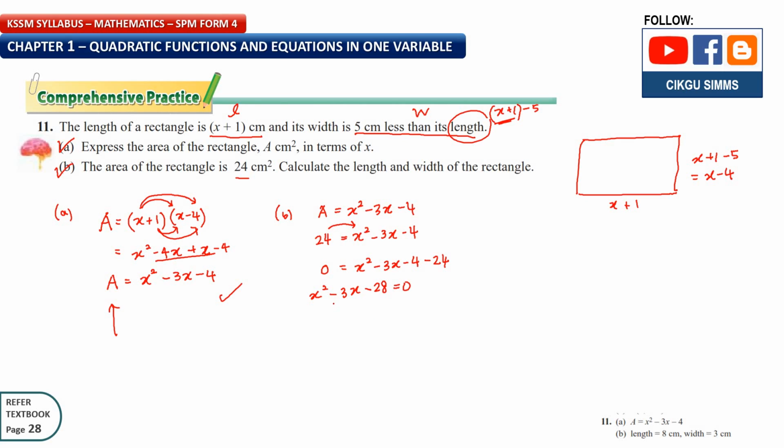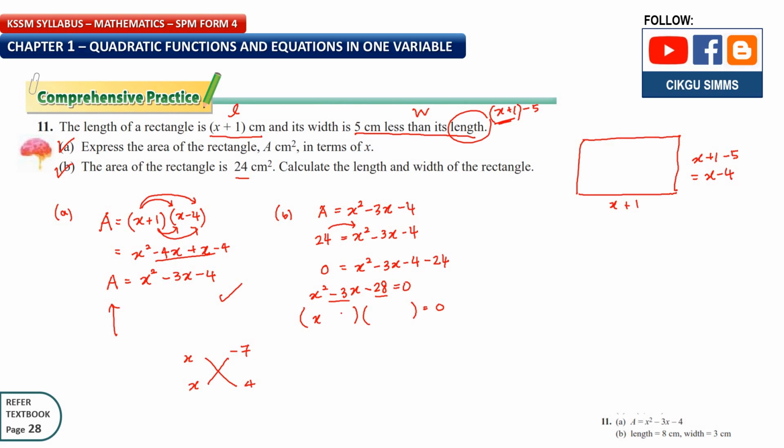And then I can factorize this equation to find the value of x. So x times x is x squared. 7 times 4 is 28, and then minus 7 plus 4 is minus 3.